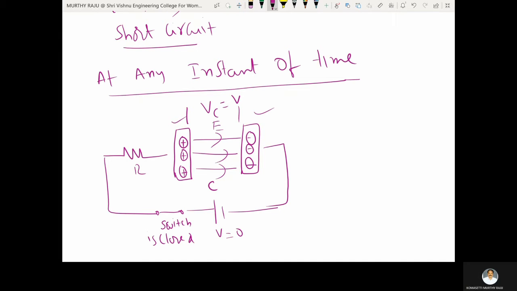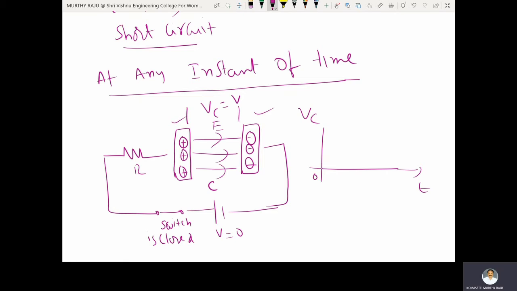Initially, the capacitor acts as a short circuit. At t equal to 0, the switch is closed. The capacitor opposes sudden changes in voltage, because before the switch closes, the capacitor voltage is 0. After the switch suddenly closes, the initial capacitor voltage is also 0. Here this is the Vc axis, and this is the time axis.